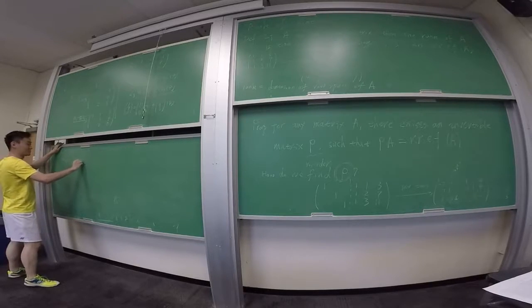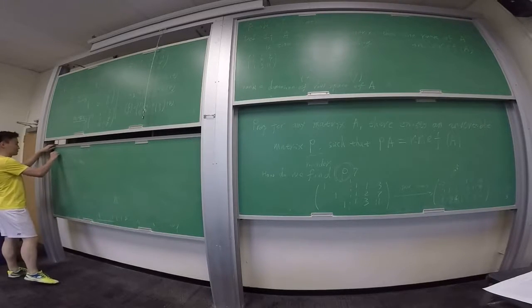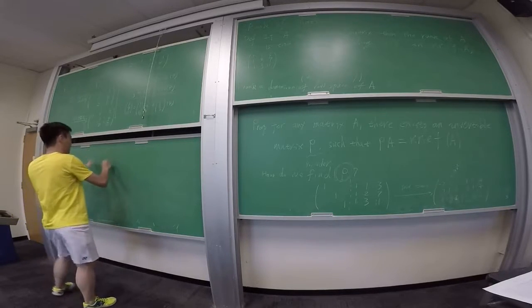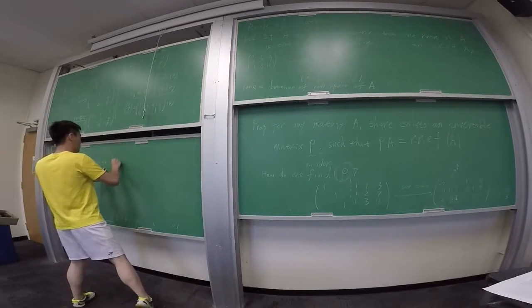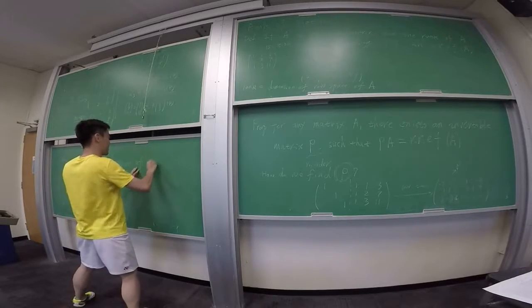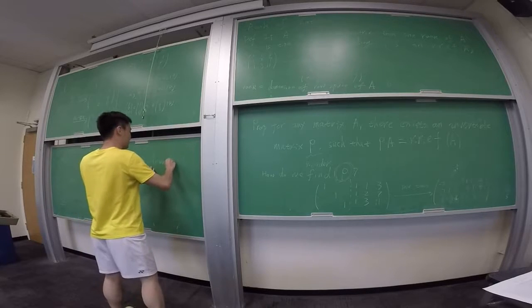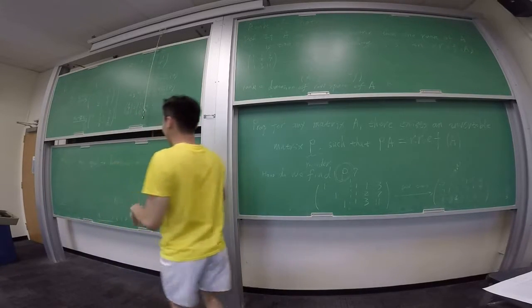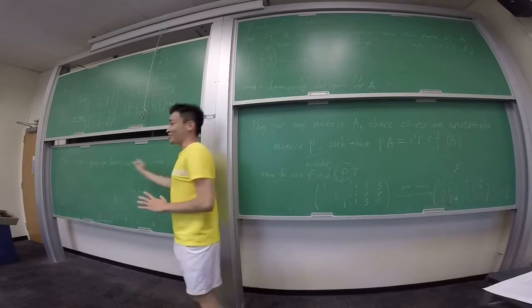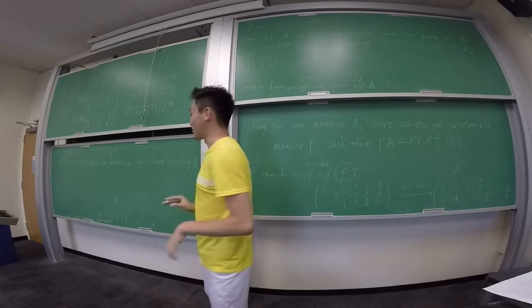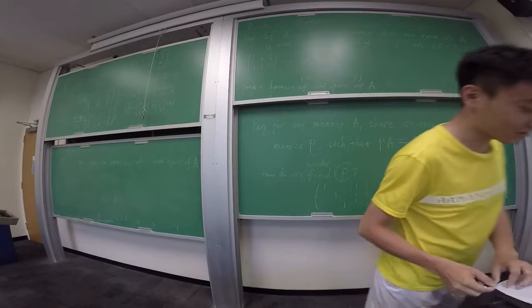It is also equal to the dimension of the column space of A. Maybe you need some proof of this statement, but this is a fact that I tell you directly. If you want to prove it, maybe you can check the notes.